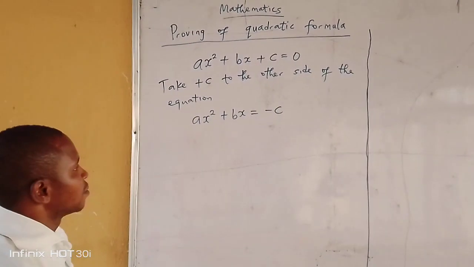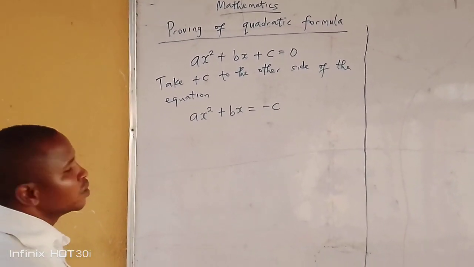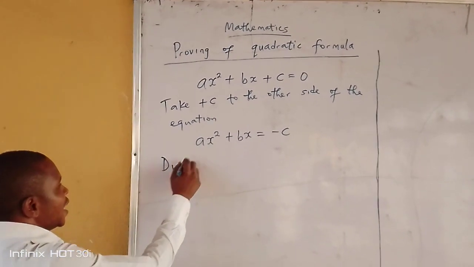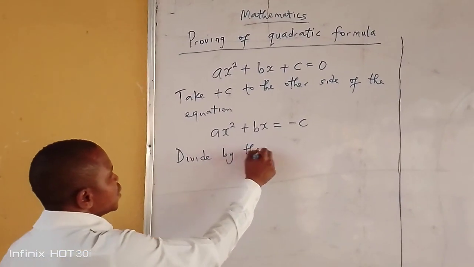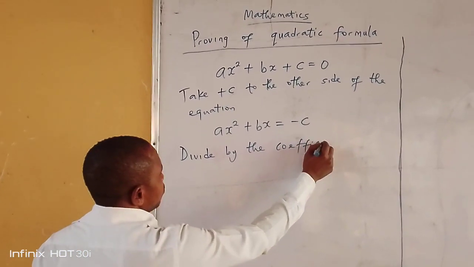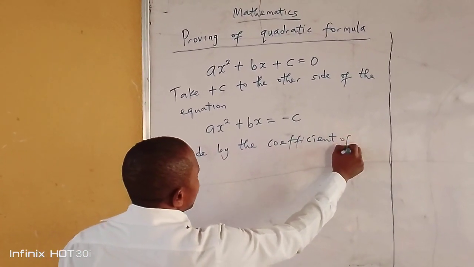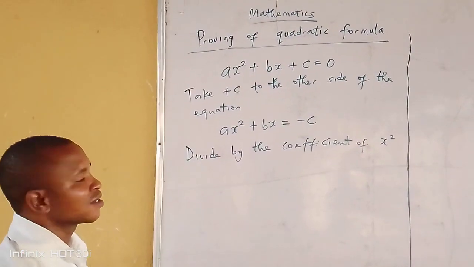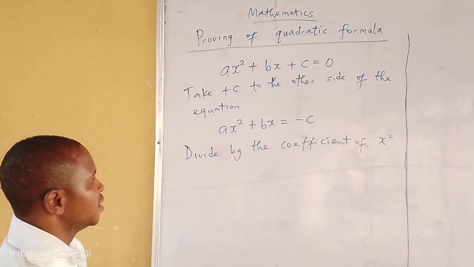Then the next step, which is the second step, is to divide by the coefficient of x squared. And what is the coefficient of x squared here? If you look at it critically, the coefficient of x squared here is a.